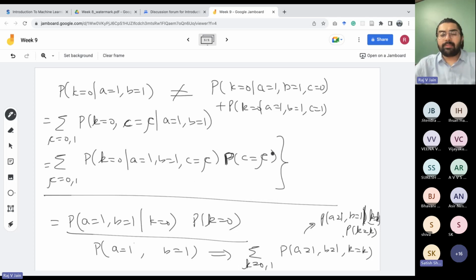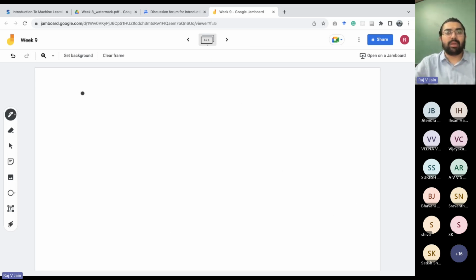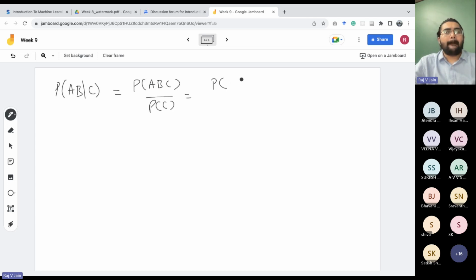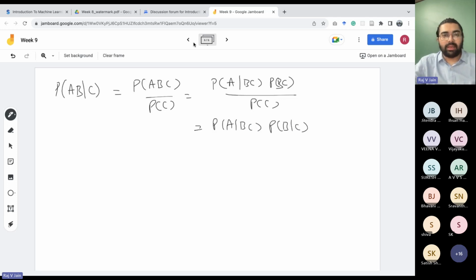Wait a minute. So this will have to be. Just give me a moment. So probability of AB given C, this is what we need. So we see probability of C, and I need it in terms of A given BC, probability of C, BC into probability of B given C. Okay, I got it.